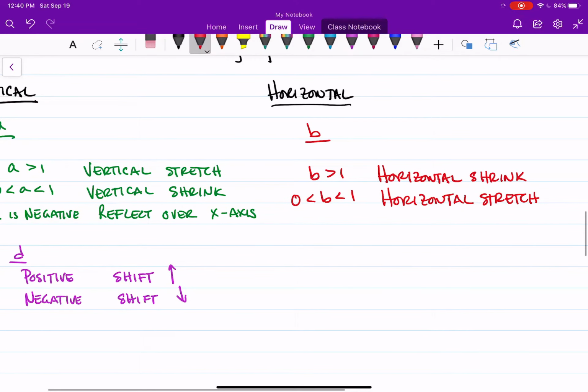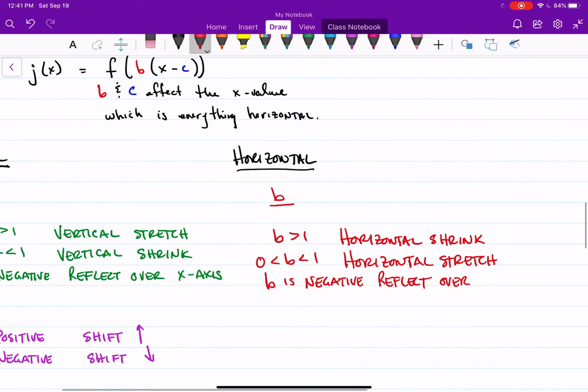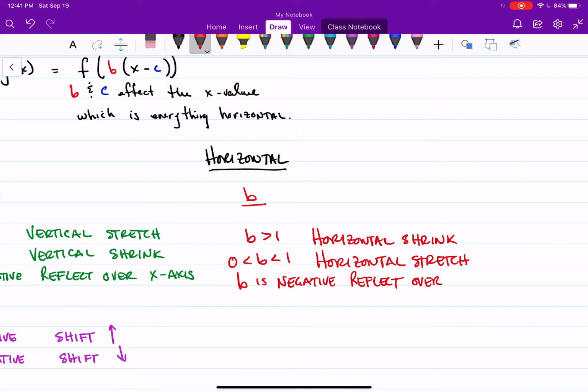And if B is negative, then we're going to reflect over. So again, the B is affecting the X. So the X went from a positive X to a negative X. We reflected over the Y-axis.